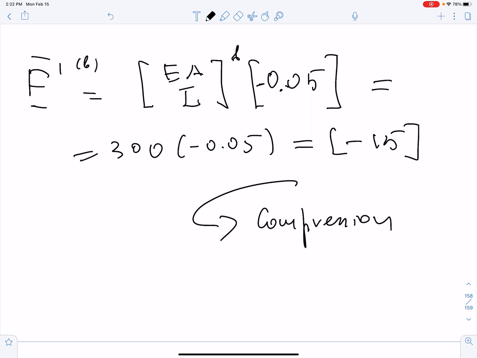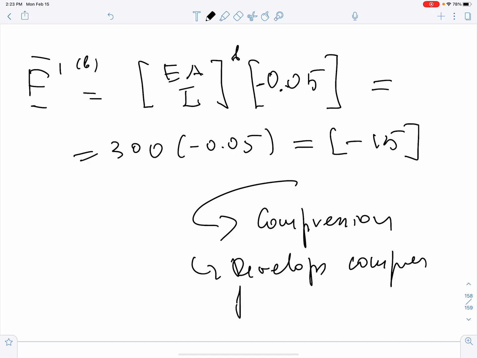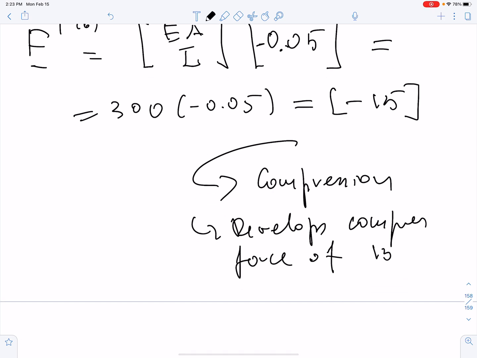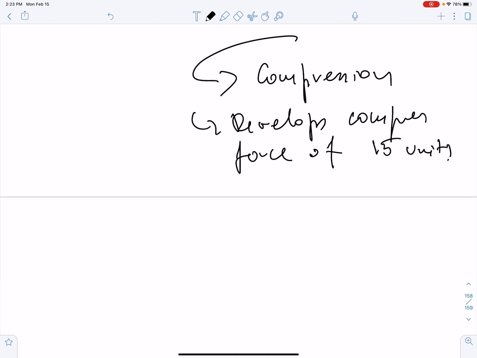Well, relatively it shortens and develops compressive force of 15 units. Good. So this is how you handle the individual elements.